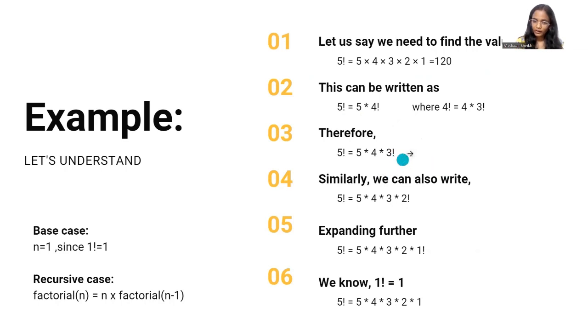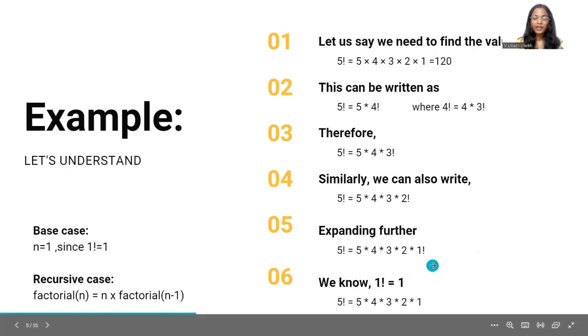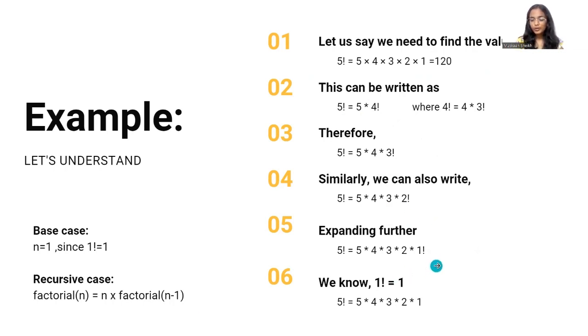And this 3 factorial is divided into 3 into 2 factorial. 2 factorial is divided into 2 into 1 factorial. But 1 factorial is equal to 1, which makes this expression the simplest form of the above expression. So this is the base case, as we cannot simplify it further. And these three are the other recursive cases.